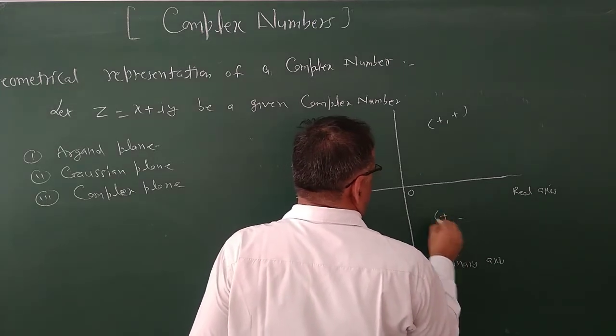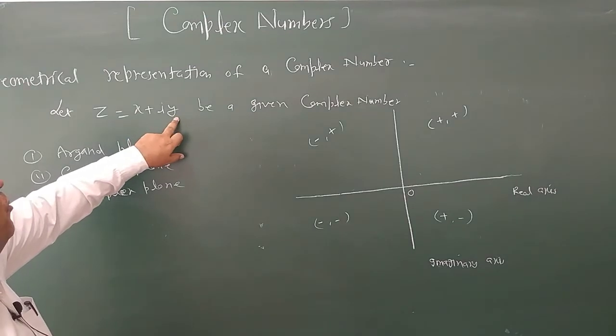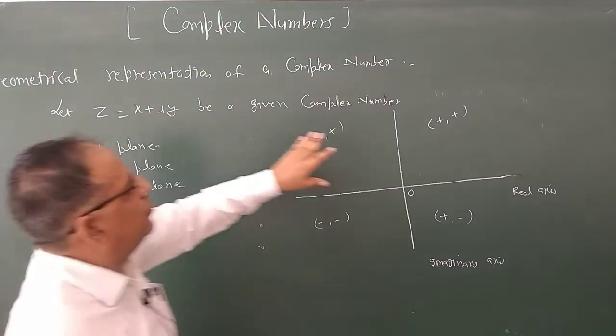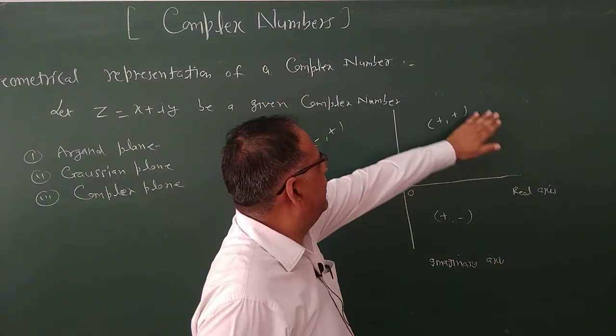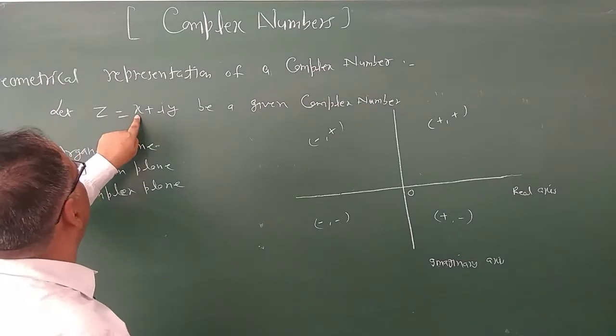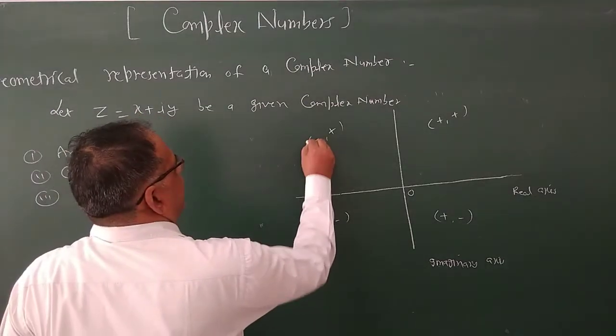and plus minus. That means if the real part and imaginary part both are positive, then we can say the complex number lies in the first quadrant. If x is negative, that means the real part is negative and the imaginary part is positive, then the complex number lies in the second quadrant.